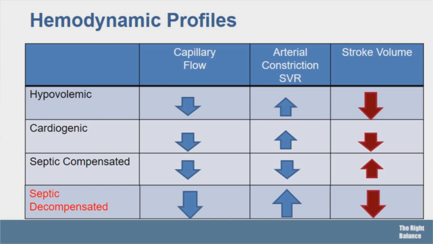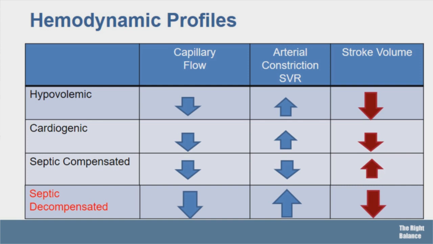So hypovolemia, cardiogenic, and decompensated sepsis. Are there other forms of shock? Yes, but in general, I'm talking about the most common forms. And then I just remind myself that stroke volume goes down in hypovolemic shock, cardiogenic shock, and decompensated sepsis. One because of volume and the other because of myocardial dysfunction.